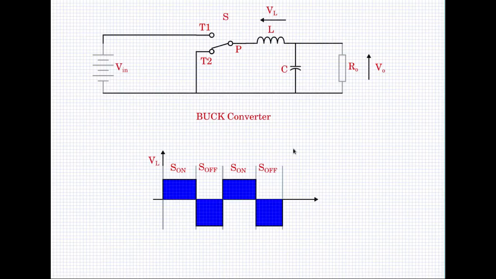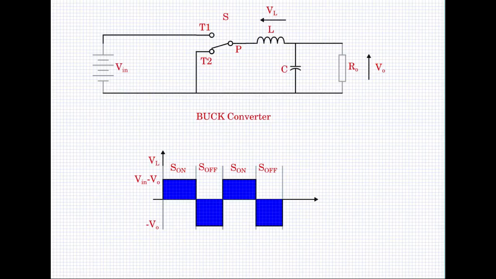If we revisit the buck converter circuit that we drew earlier, let us put some generic values here. Now this amplitude is Vin minus V naught, as we discussed earlier. During the time when the pole is connected to T1, the voltage across the inductance is Vin minus V naught. During the time when the pole is connected to T2, it will be 0 minus V naught, so it will be minus V naught here, the amplitude.